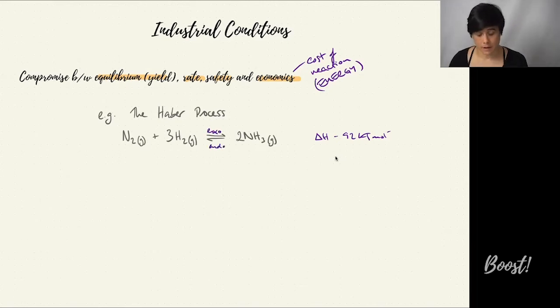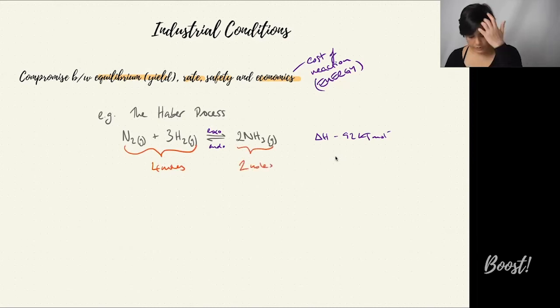And thinking about how this might be affected by pressure, we have 4 moles of gas here, and we have 2 moles of gas here. Usually when we're talking about the Haber process, as a common example that comes up in the exams, we want to talk about what would be the optimum temperature and pressure to use based on these conditions and Le Chatelier's principle.